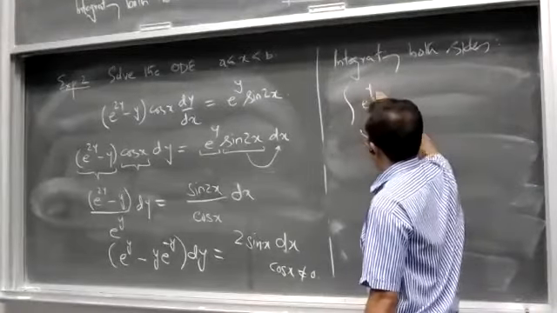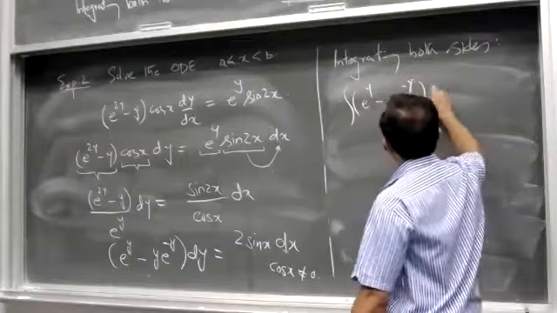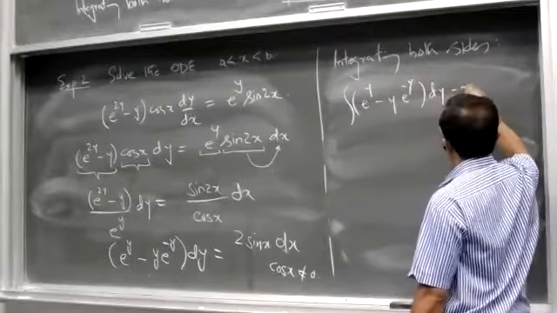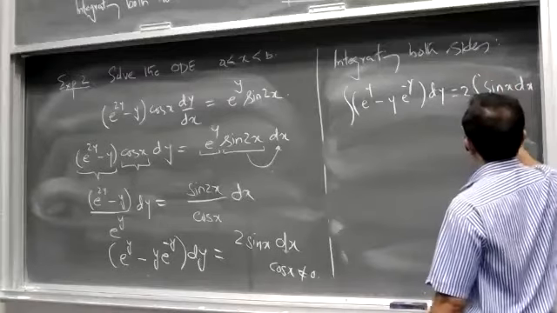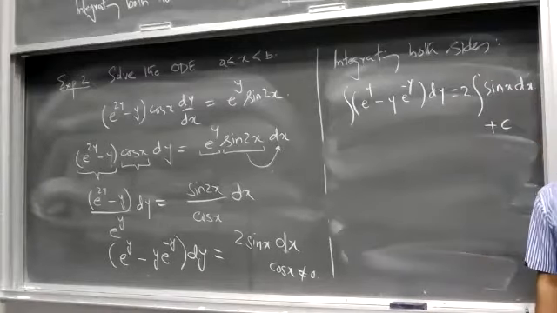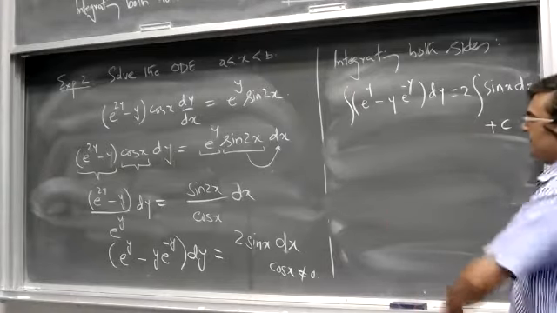The integral of e raised to the power y minus y e raised to the power negative y dy is equal to 2 times the integral of sin x dx, plus a constant of integration. Now, I hope you can do these integrations and get the solution.